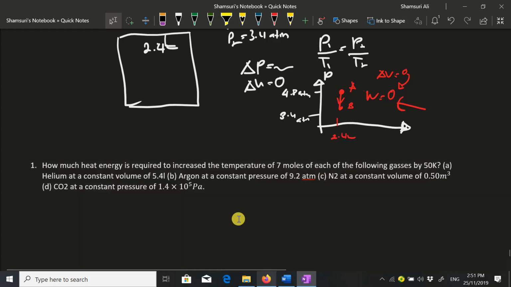How much energy is required to increase the temperature of 7 moles of each of the following gases?